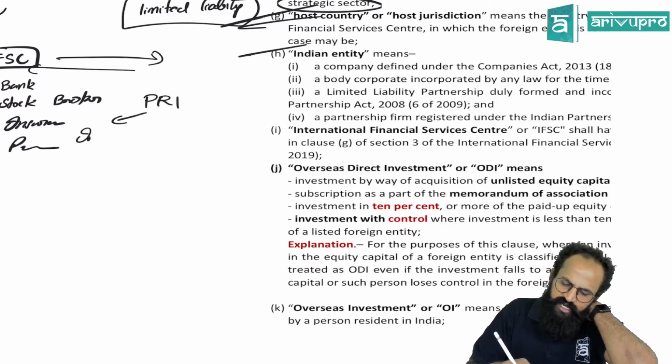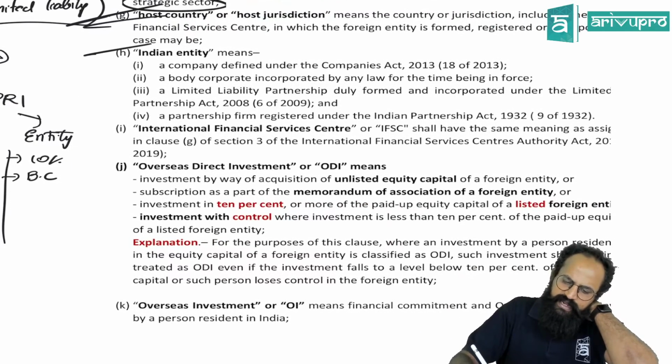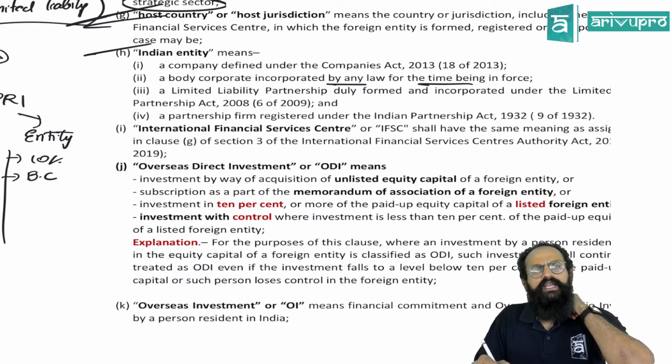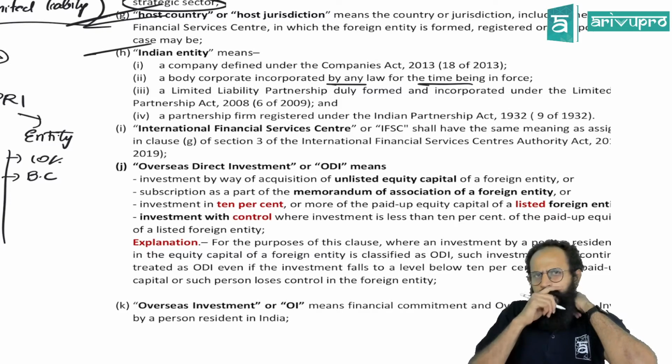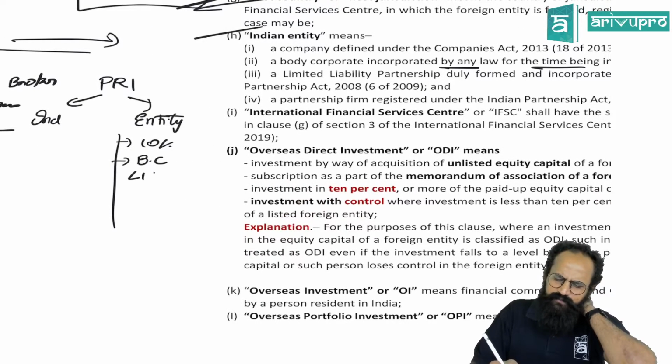PRI includes the individual. A PRI includes an entity. Now, entity means what? Entity includes company. Entity includes a body corporate incorporated by any law for the time being in force. Sir, which is the body corporate incorporated by law? Example, LIC.